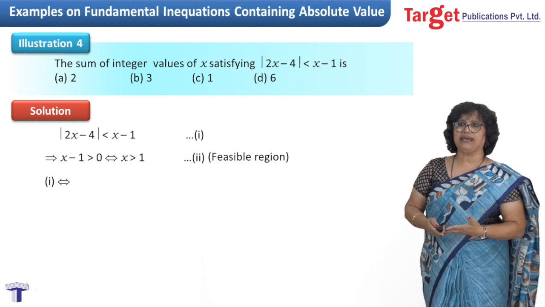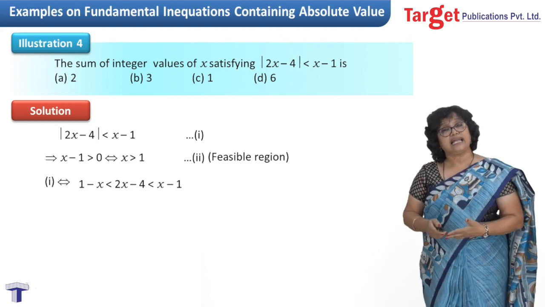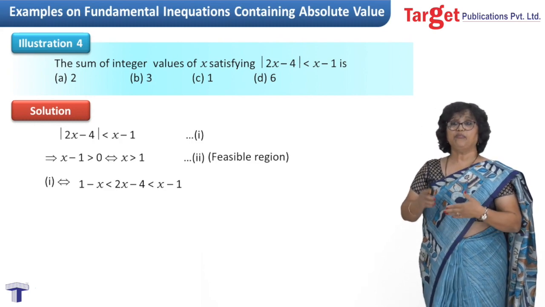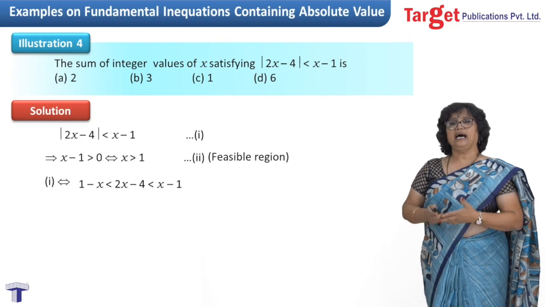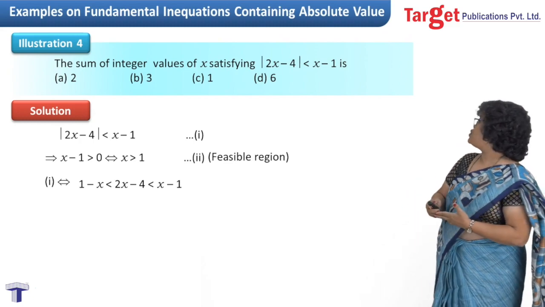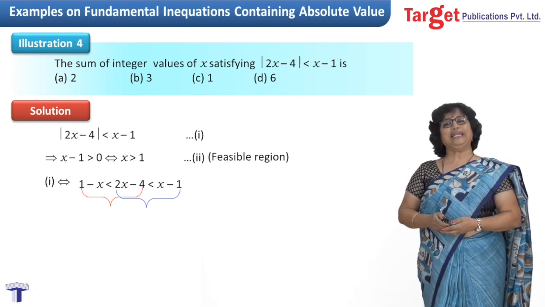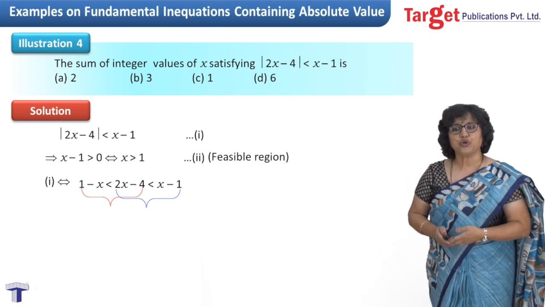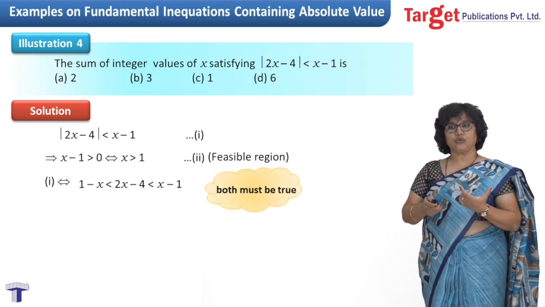And how do I simplify? The given inequation is of the form absolute value of x less than a, so the solution will lie between minus a and a, same previous story. And from there, I realize that 1 minus x should be less than 2x minus 4 and 2x minus 4 should be less than x minus 1. Both should happen simultaneously.